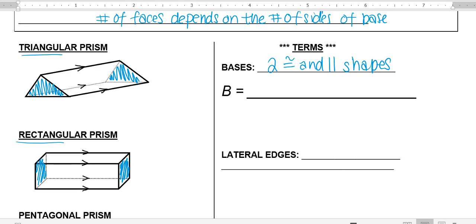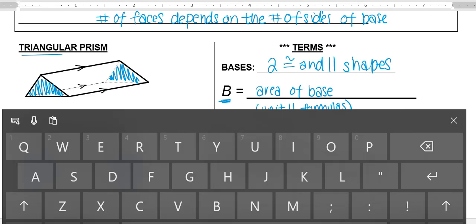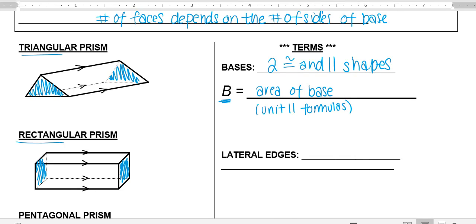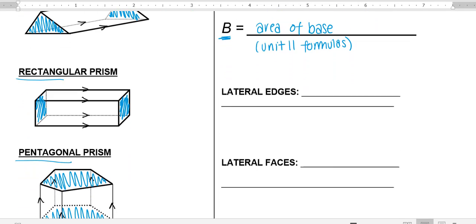Our big B stands for the area of the base, that shaded sky blue base. And this is where we bring back our Unit 11 formulas, our area of a hexagon, our area of a triangle, our area of a rectangle, to apply in our Unit 12 formulas for our surface area.